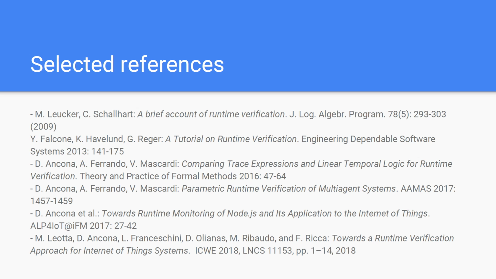The problem with linear temporal logic is that if you use it for runtime verification, then you lose some expressivity, because with runtime verification you only verify finite prefixes of traces. For instance, the until cannot really be verified, because you don't have a finite verdict.